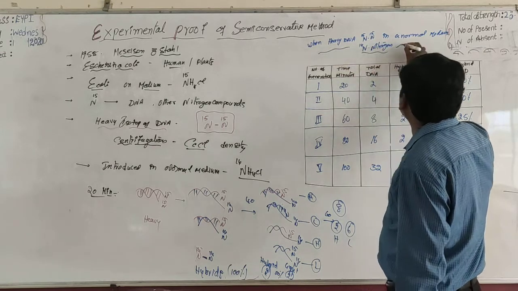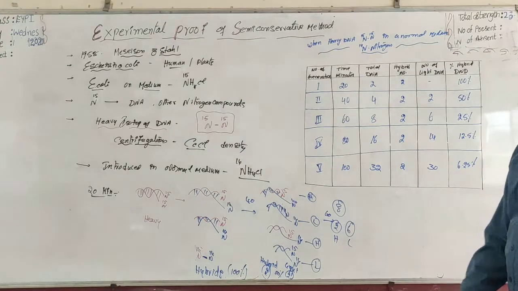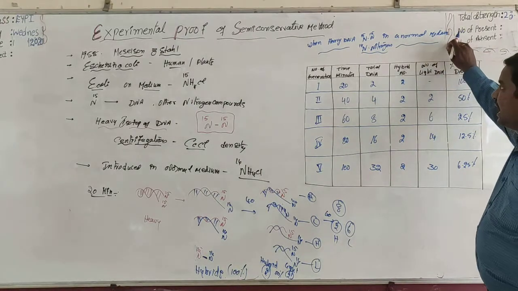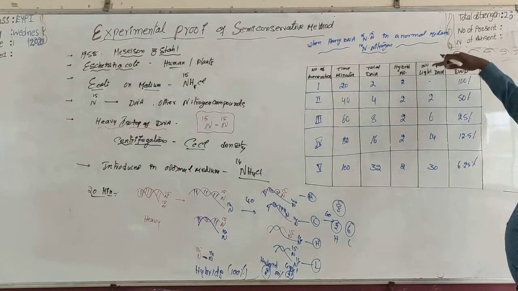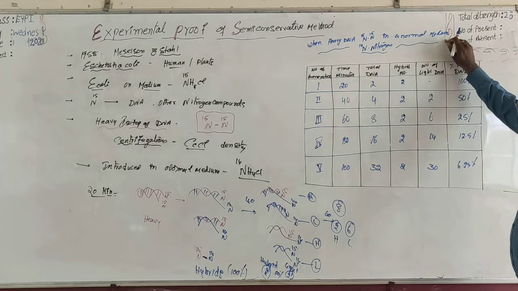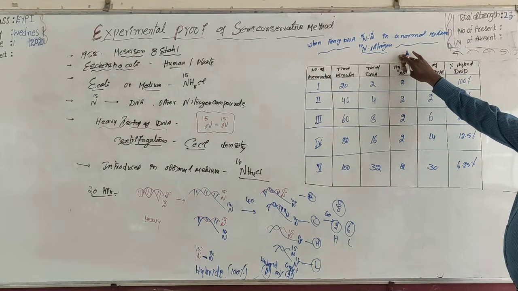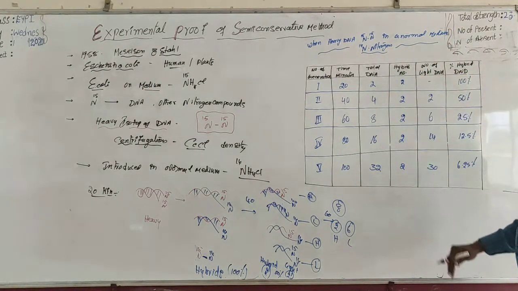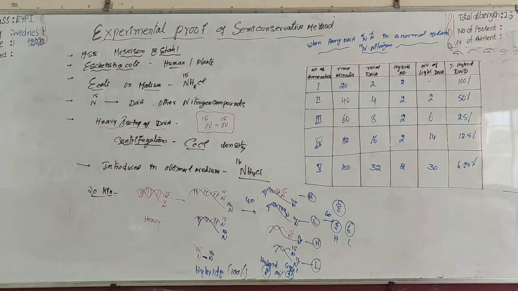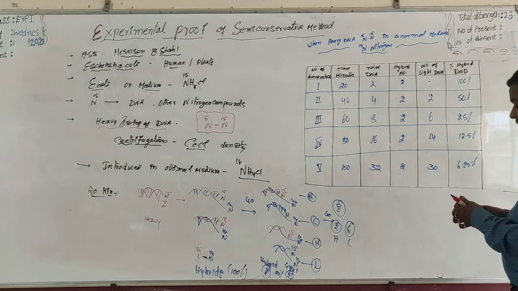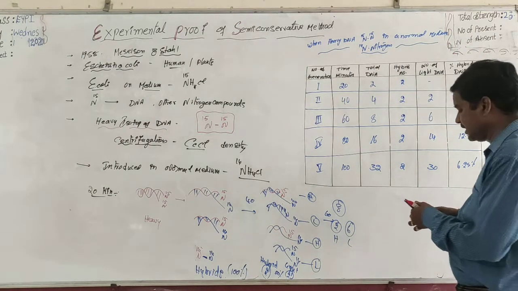This is the table. In which situation? When a heavy DNA having N15 is transferred into a normal medium, that is with N14. This is the proportions of various DNA molecules. Very important.